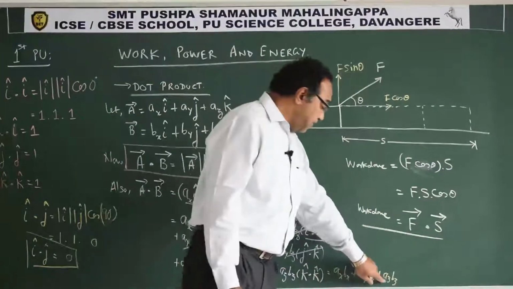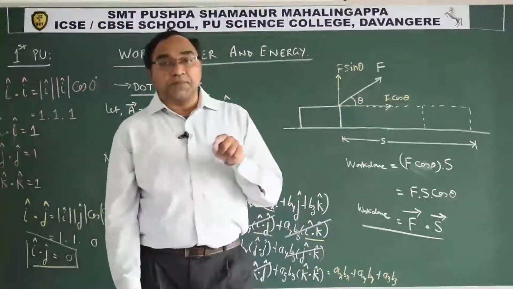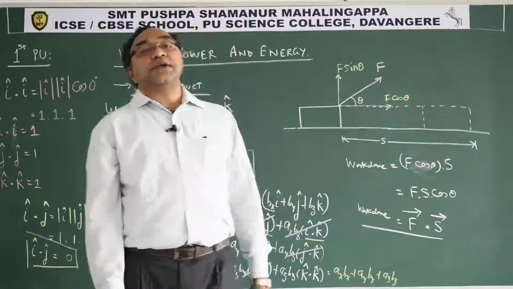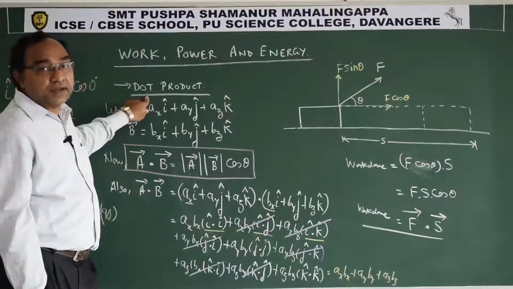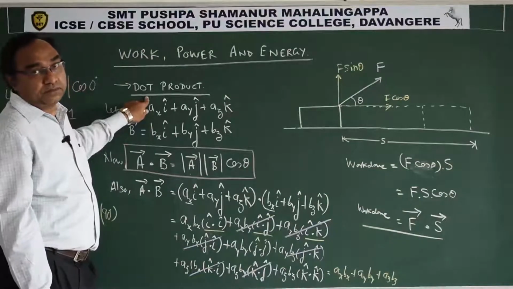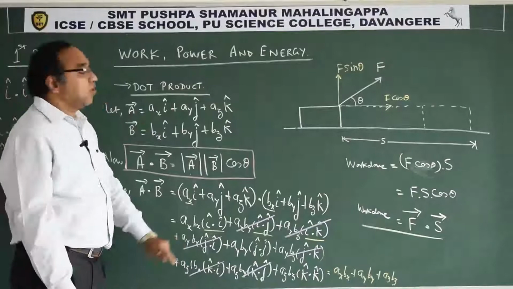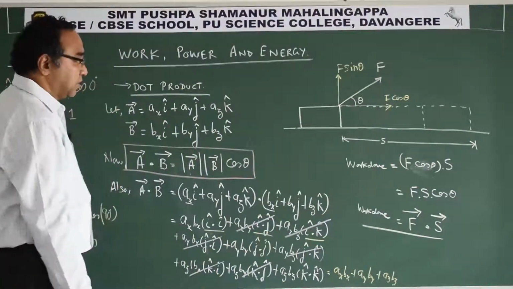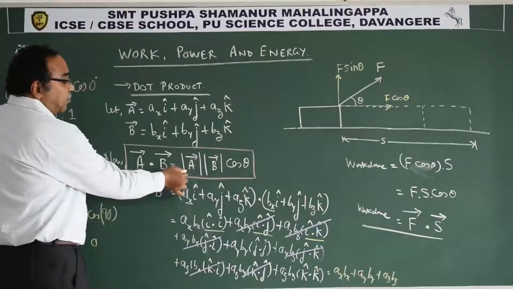No. Az bz, is there a unit vector? No. This means the result of dot product is a scalar quantity, and that is why dot product is also known as scalar product. Is it clear? So this is the concept which we have to use in case of dot product. See how exactly we have to evaluate.